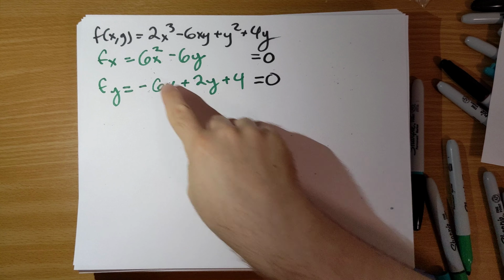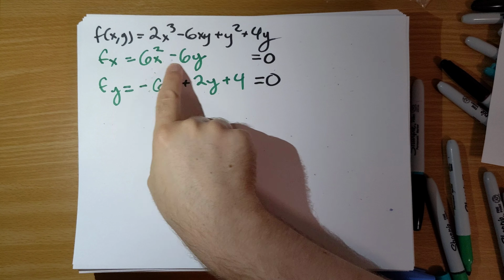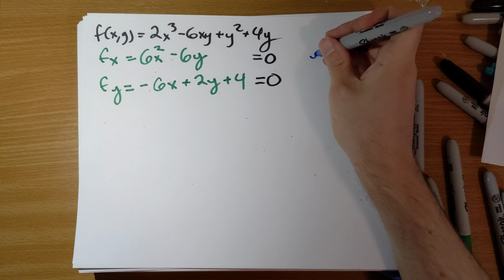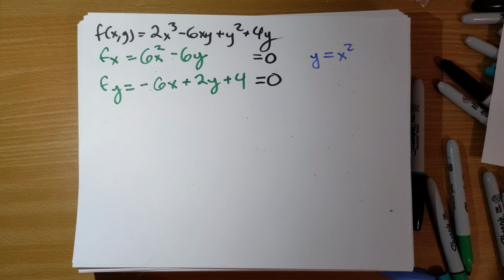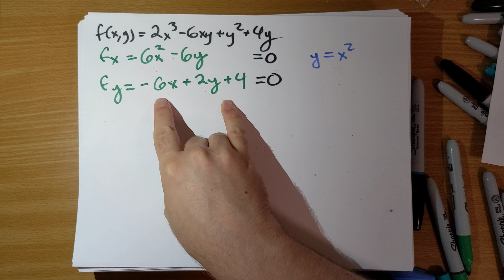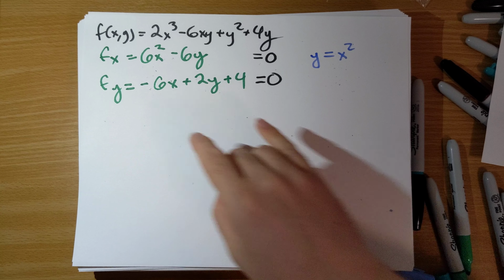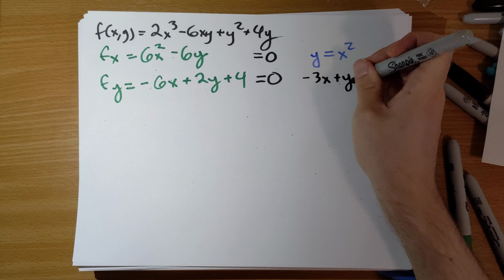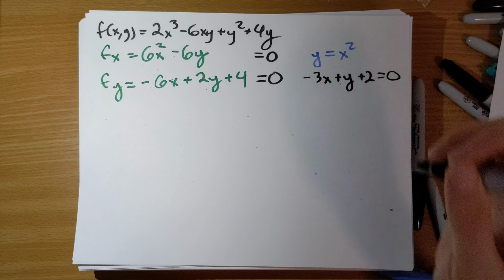If we divide out by 6 in the first equation, that will give us y is equal to x squared after rearranging. Divide out by 2 in the second equation, and that will give us negative 3x plus y plus 2 is equal to 0.